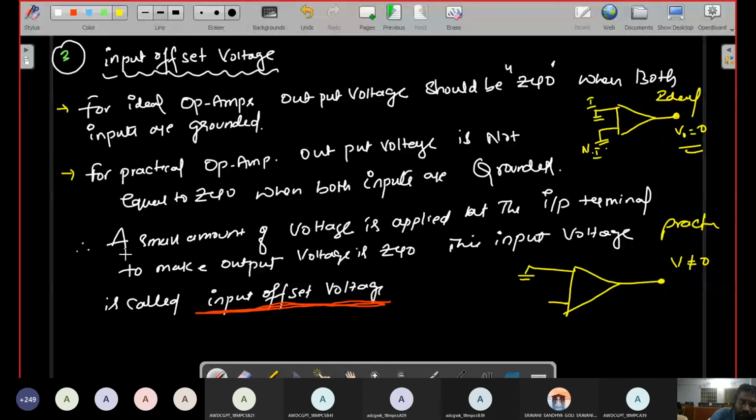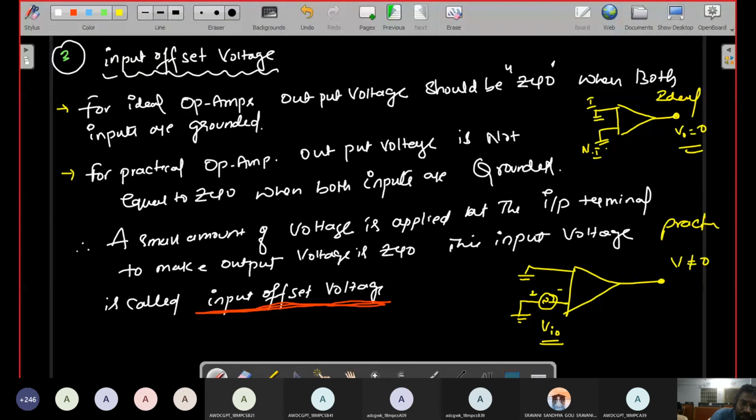So a small amount of voltage, meaning a small amount of signal, is applied. Then what will happen? This is called the offset voltage. This is the input offset voltage, plus and minus.